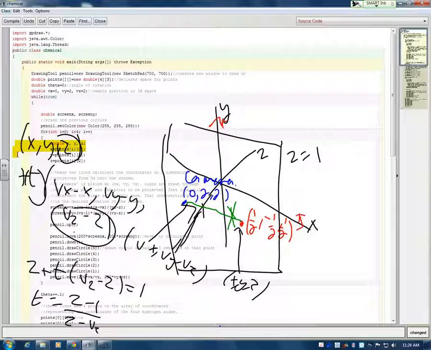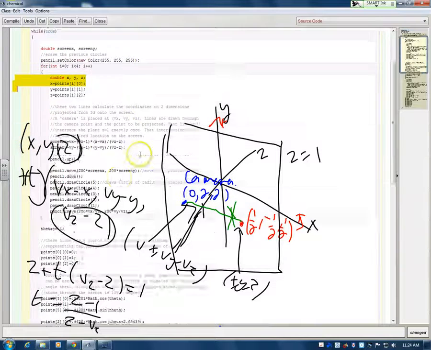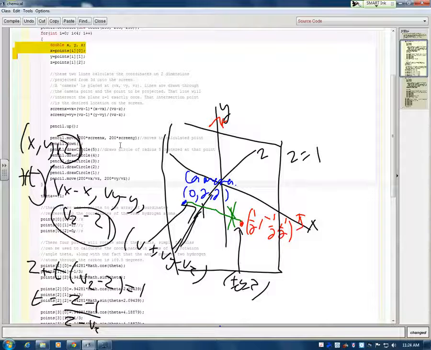And then you can plug this in to find the x and y coordinates. And that's rather straightforward, and that would be what these lines are. You can see there's vz minus 1, or wait a minute. Oh yeah, a bit more algebra to clean it up, I guess.